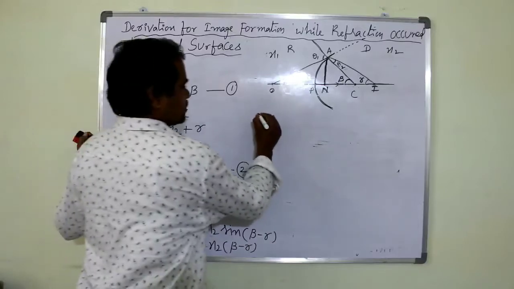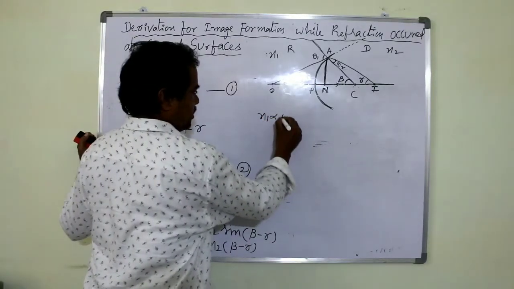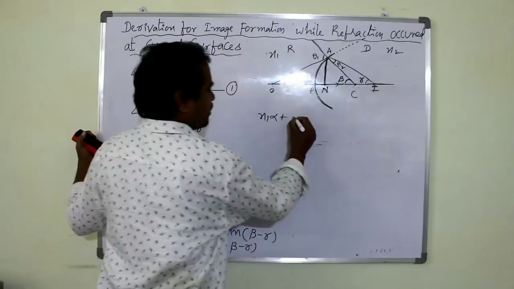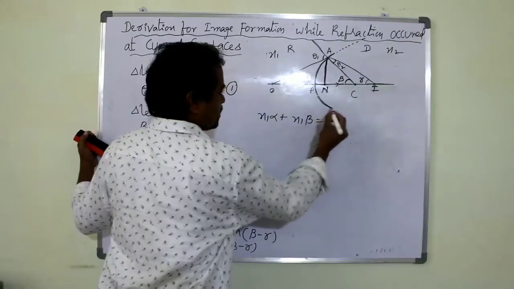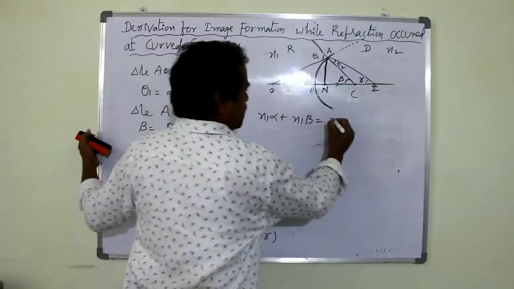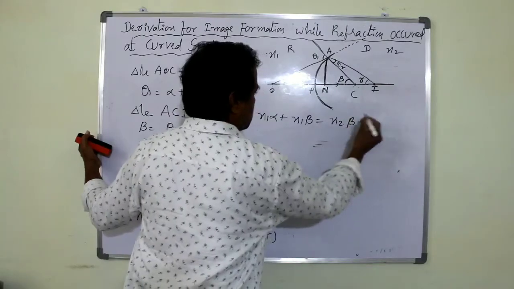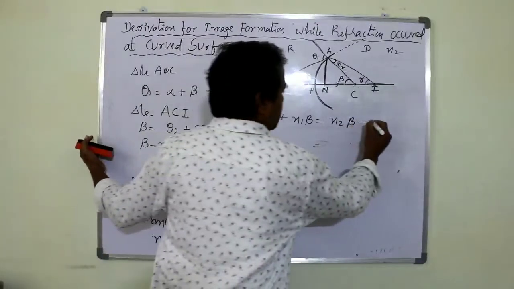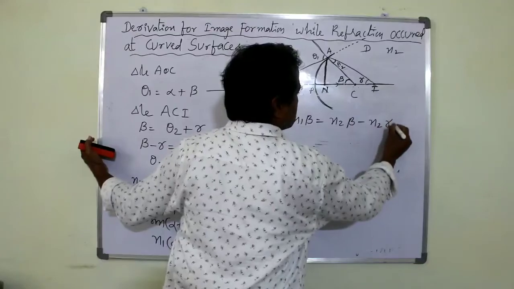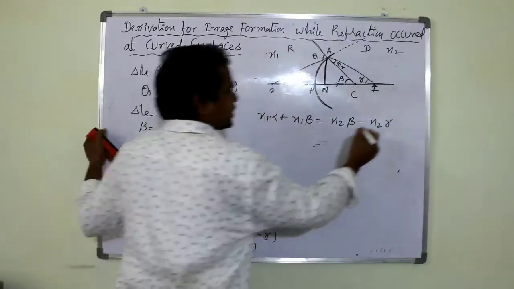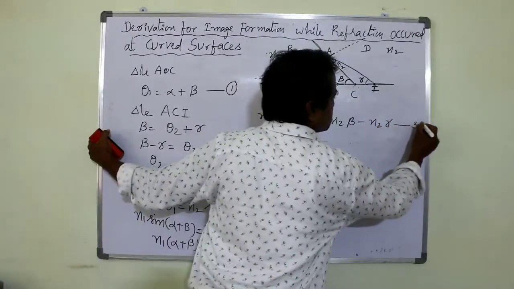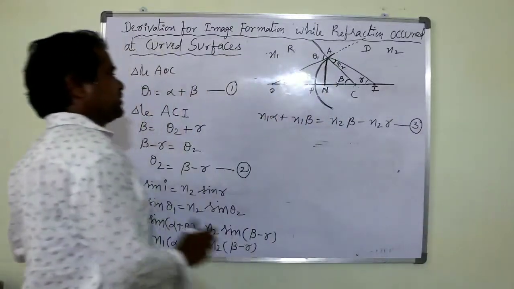So N1 alpha plus N1 beta is equal to N2 beta minus N2 gamma. This is treated as equation 3.